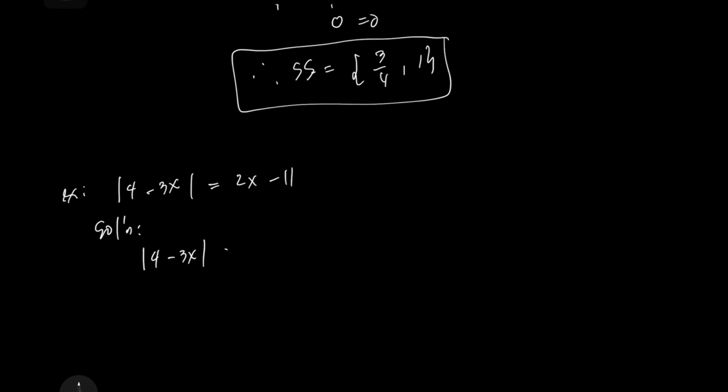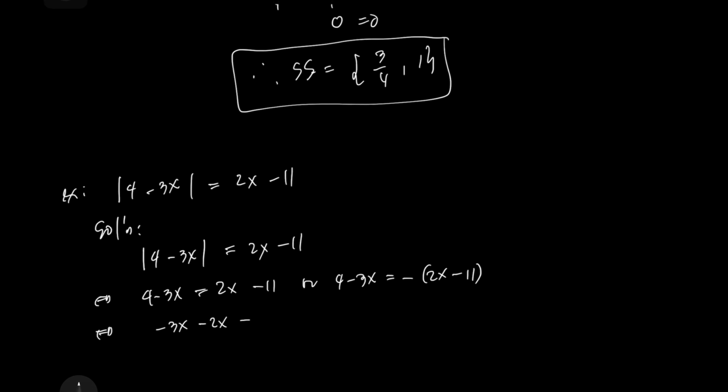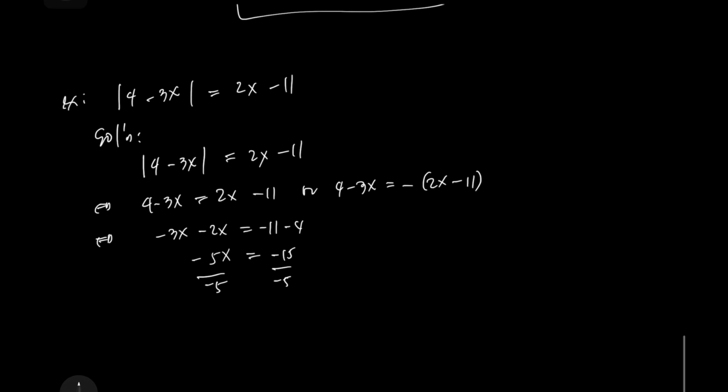So we have 4 minus 3x equals 2x minus 11, or 4 minus 3x equals negative 2x plus 11. So we have minus 3x minus 2x equals negative 11 minus 4. That's negative 5x equals negative 15, divided by negative 5 on both sides. x is equal to 3.